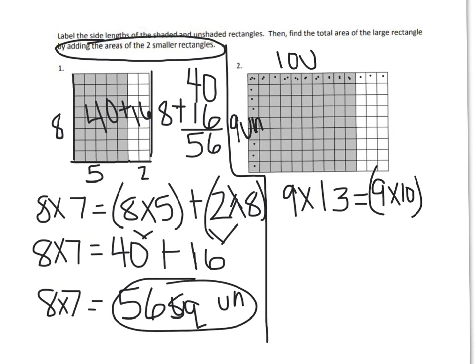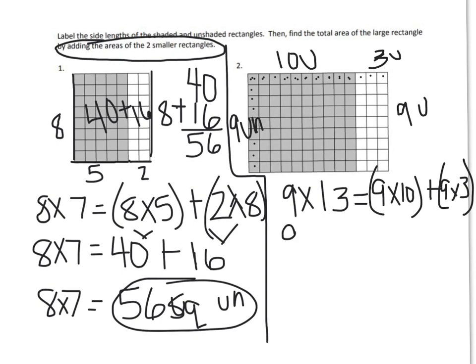Then over to the unshaded, there's 3 units that are my length for the non-shaded, and there's 9 units that are my width. So I would add plus 9 times 3.